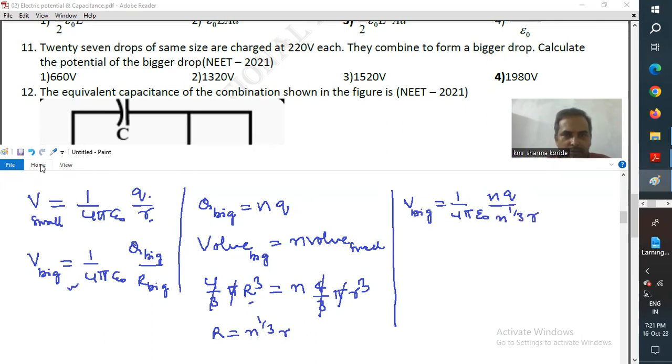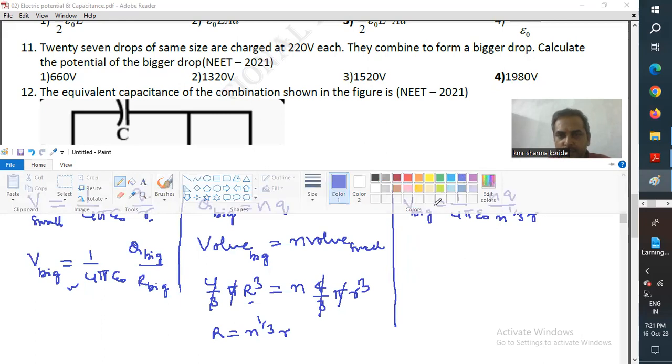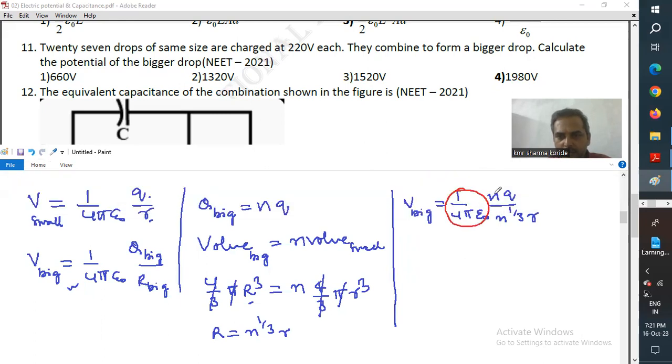Just segregate this portion. This is the potential of the smaller drop. So therefore, it is N to the power of 1 minus 1 by 3 with the potential of the smaller drop. In the question, the potential of the smaller is given as 220. So this is N to the power of 2 by 3 with the potential of the smaller.